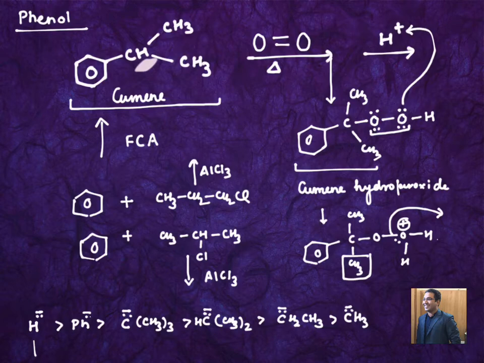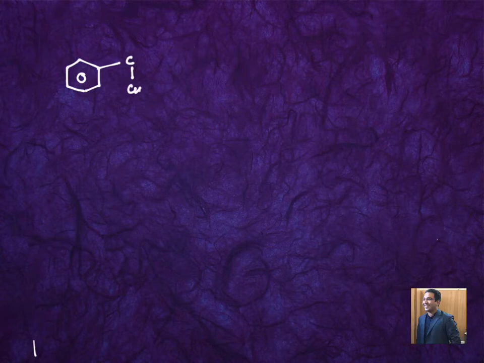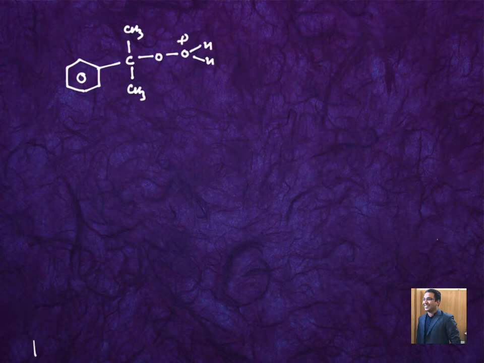In this process, if this migration happens, if you observe, we have drawn a ring. On this ring we have drawn 1 carbon, 1 CH3 here, and this is also CH3. This was O and this is OH plus.